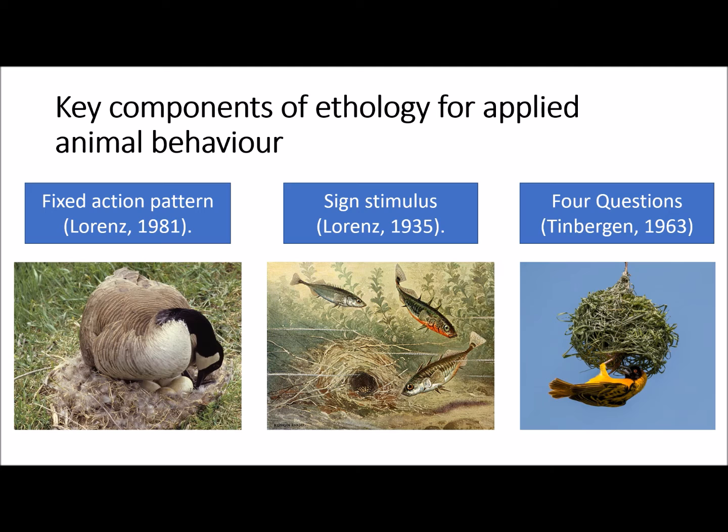How is it relevant for all individuals in that population? And what is the evolutionary construct of that behaviour that makes that one individual as fit as possible under prevailing environmental conditions? So fixed action patterns, sign stimulus, and the 4 questions are key components of the scientific study of behaviour that we can apply to things like animal care, animal management, and animal welfare.